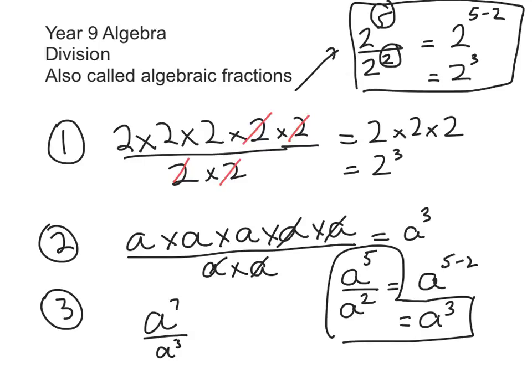So applying that rule, number 3, we get a to the power of 4. So 7 take away 3. It's always worth checking with these ones, where is the weight of the a's? So this is a times itself 7 times, and this is only a times itself 3 times. So we're going to have a to the power of 4, and it's going to be in the numerator.